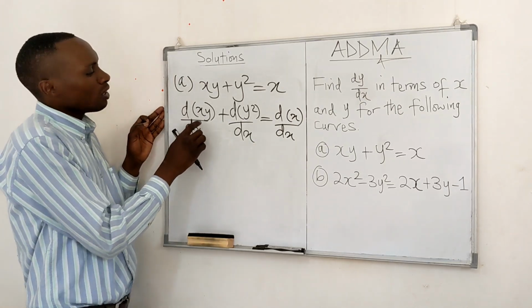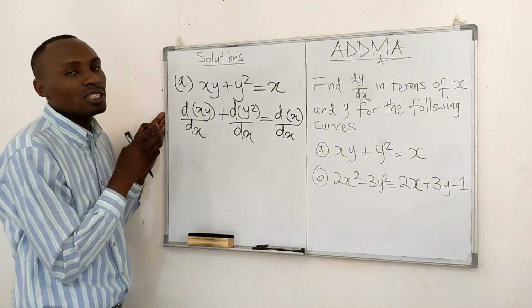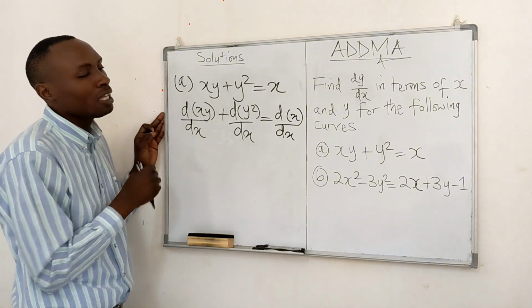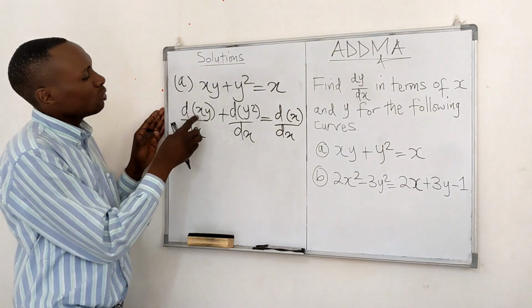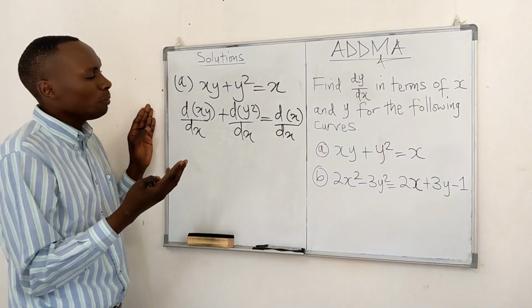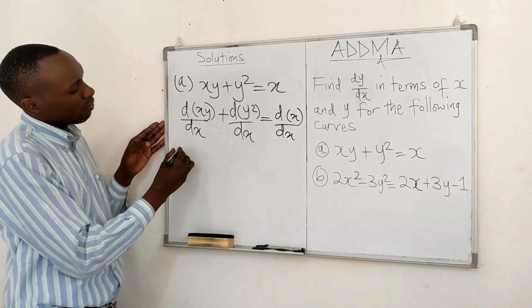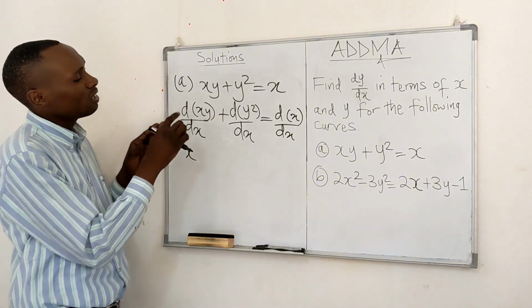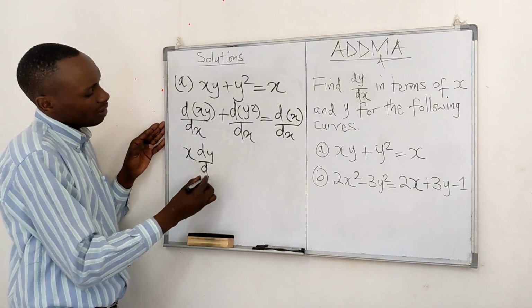For the first one, we've got these two variables multiplying, which means we are going to apply the product rule. First, keeping x constant, finding the derivative of y gives dy/dx.